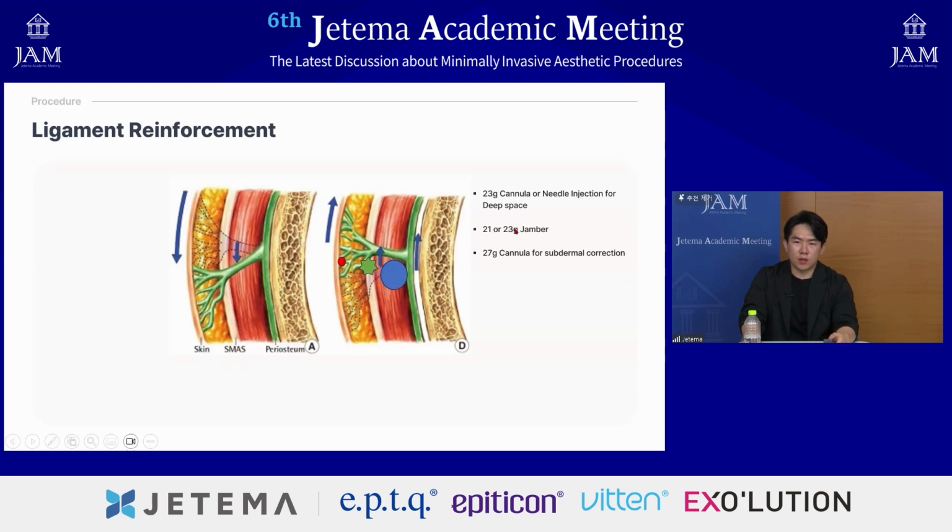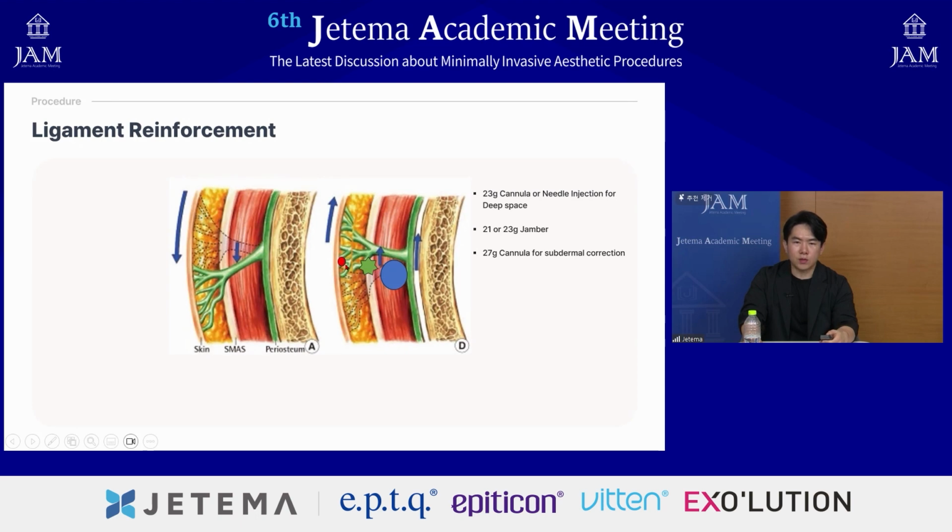And for the Jamber, I used 21 or 23 gauge Jamber for the hollowness. Some people might say that 27 gauge or 25 gauge Jamber will be safer, but I have a different way of thinking. In my way, I have to use 23 or 21 Jamber for the infraorbital hollowness, to make a strong holding power.